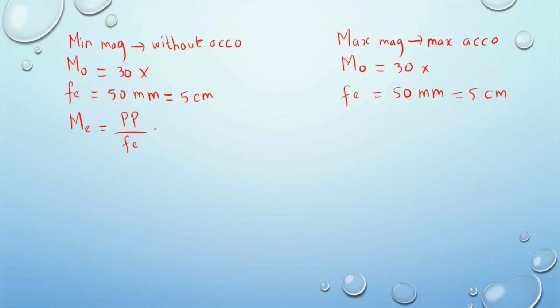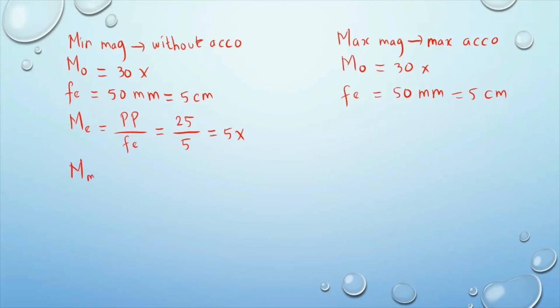Therefore, we will consider that the P_P of the person, or the near point, equals 25 centimeter. F_E is 5 centimeter, so we have M_E equals 5 times for the condition of without accommodation.